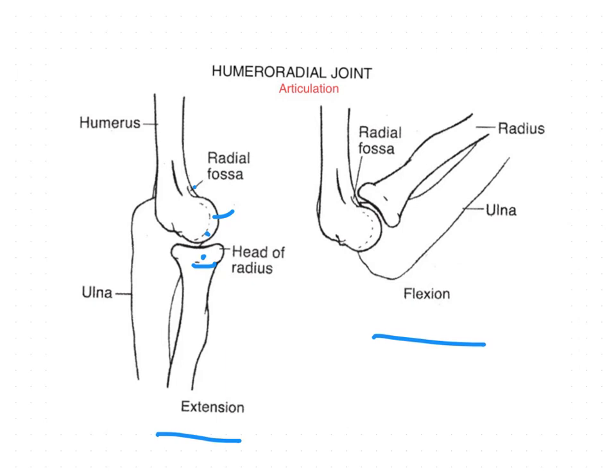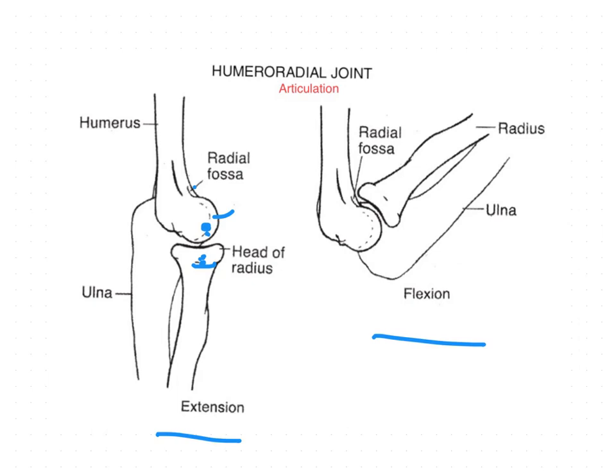The humeral capitulum is slightly smaller, not much smaller, than the corresponding radial fovea, that is the concave surface or depression over the head of the radius. So the joint surfaces are slightly incongruent because of the slight variation in the size of these two articulating surfaces.